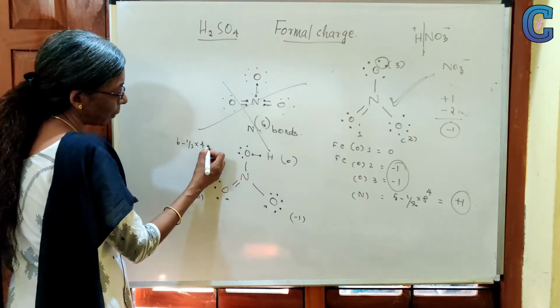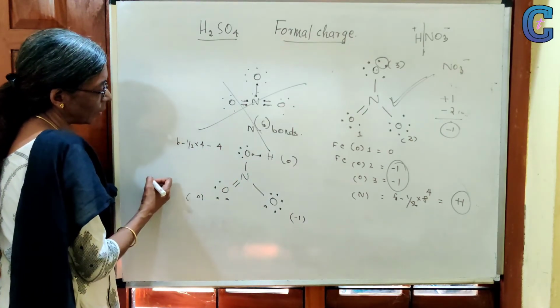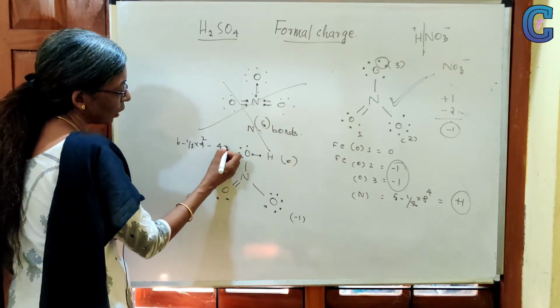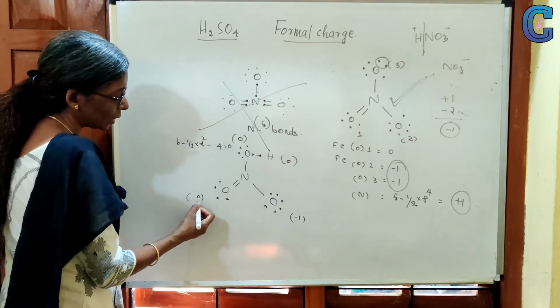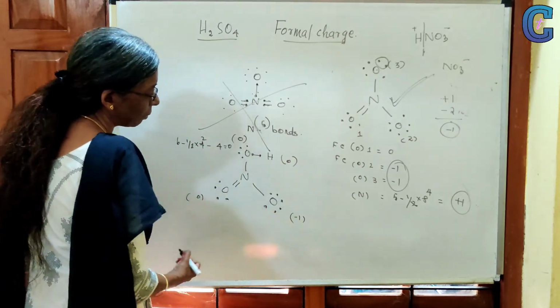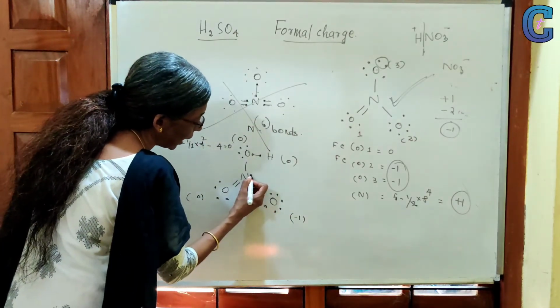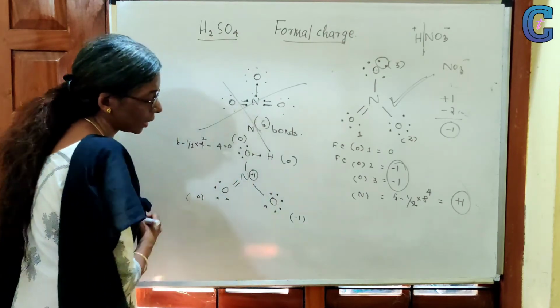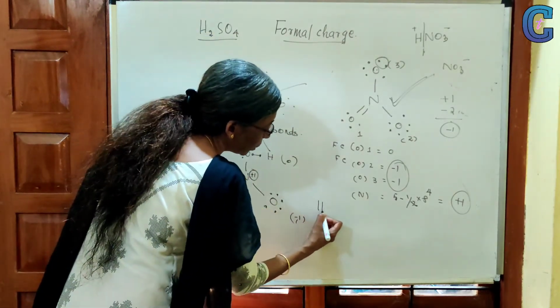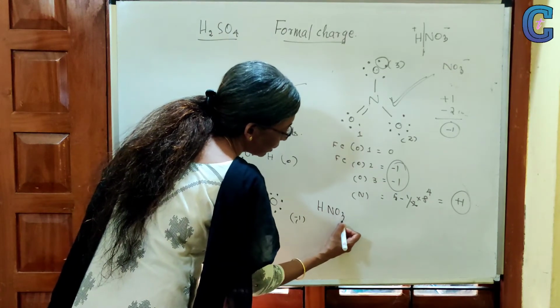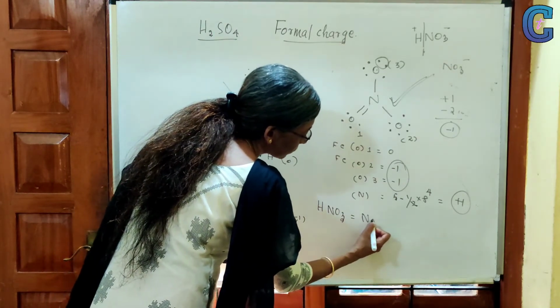Non-bonding pair 4, -4. So how will it come? This is 0, this also 0. So this also 0, hydrogen also 0, this also 0. Here -1 on the oxygen, and nitrogen will have +1 charge. So +1 and -1 cancel. So it will become a neutral molecule HNO3, no charge.